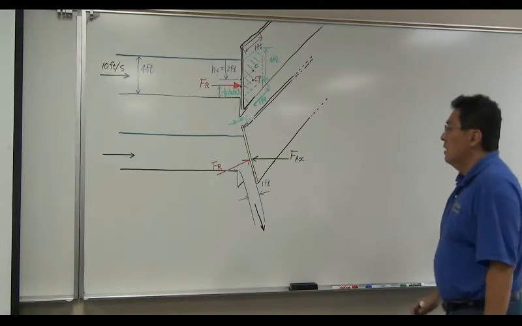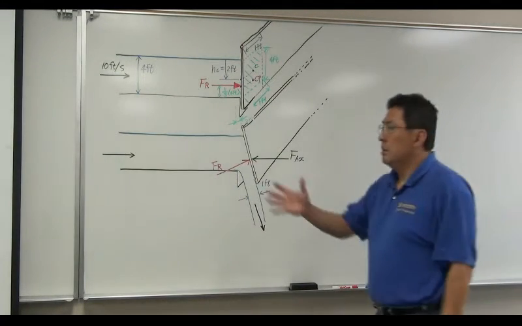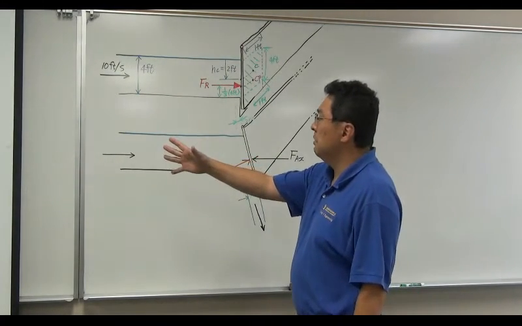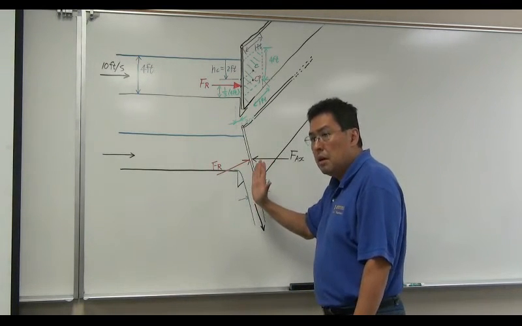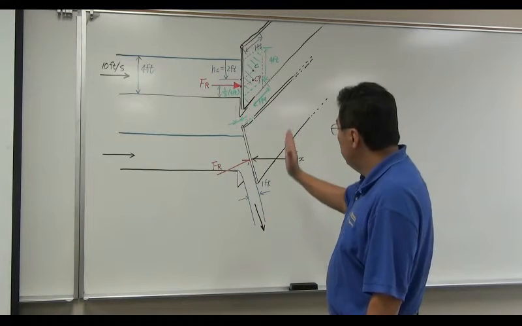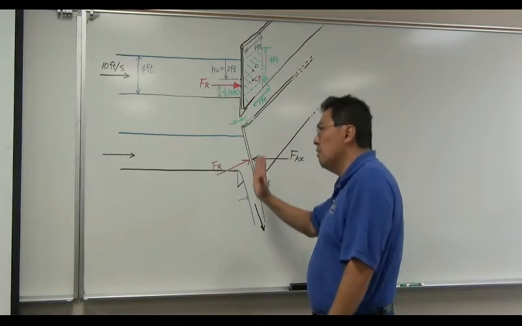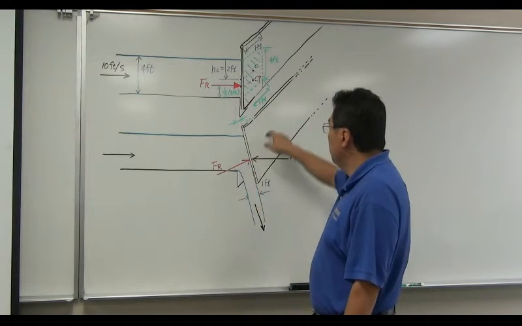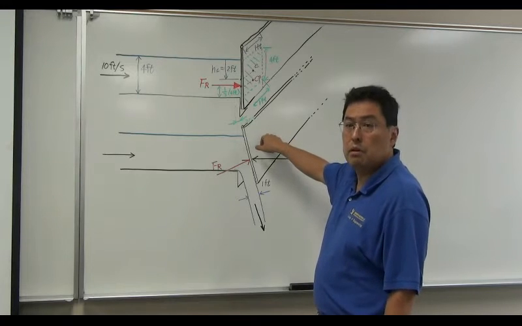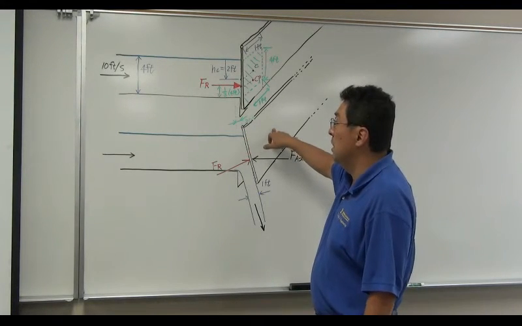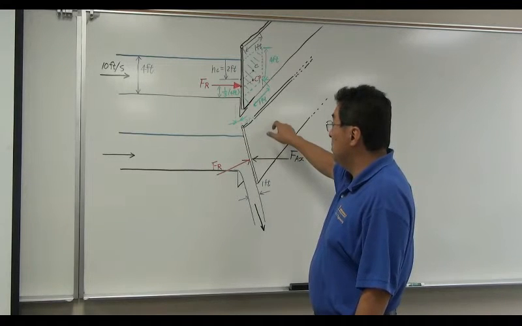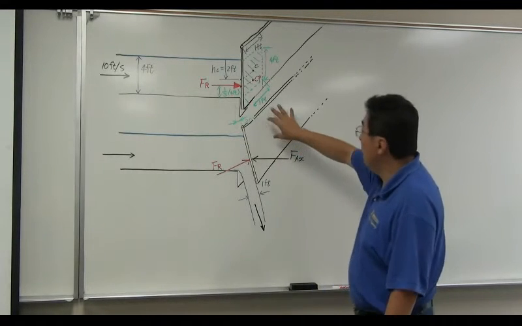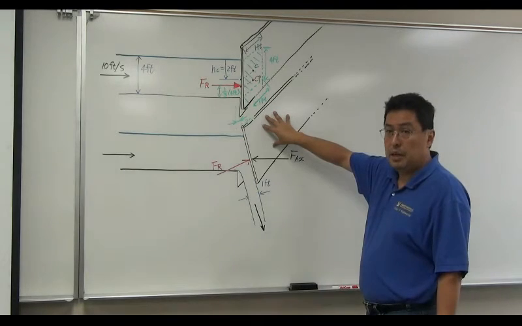Okay. Now keep in mind, this problem is not asking you to find FAY, y direction force. Well, we can obviously find that kind of force, but in order to find that, you need to know how heavy this gate is also, which is not given in this problem. But if I just modify this problem, of course, I can give you how heavy this gate is.